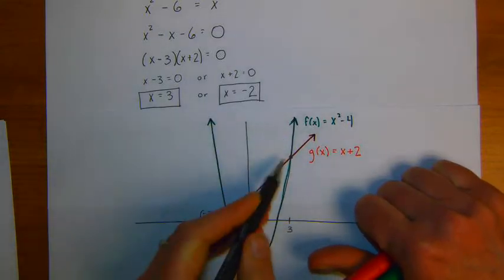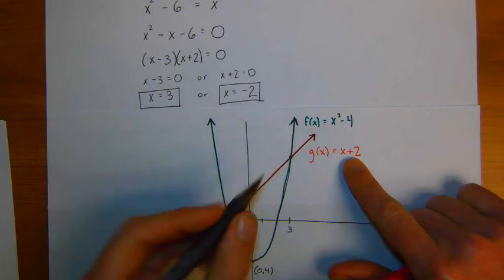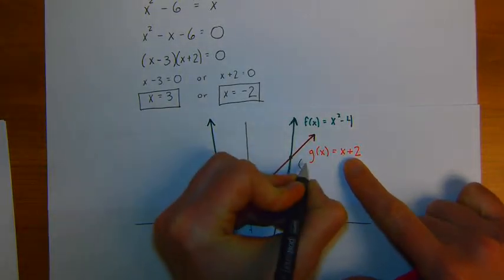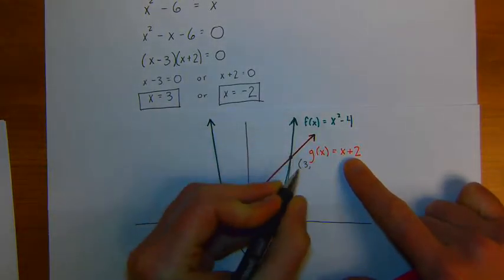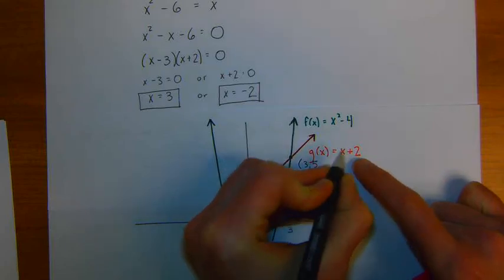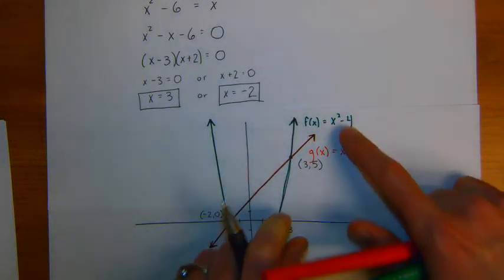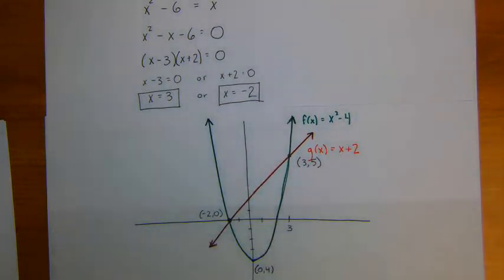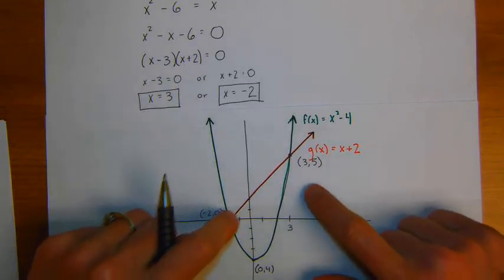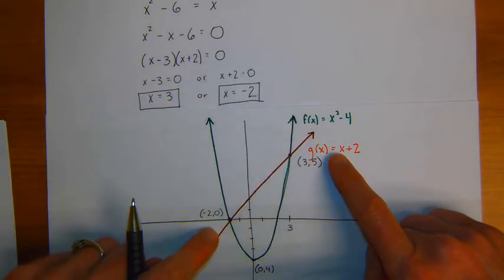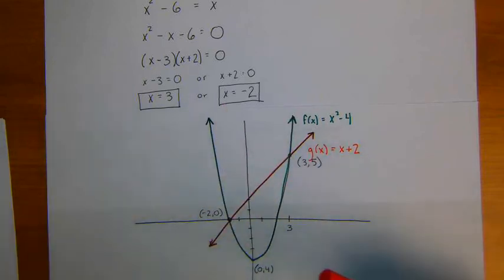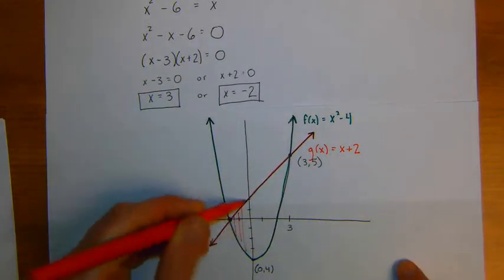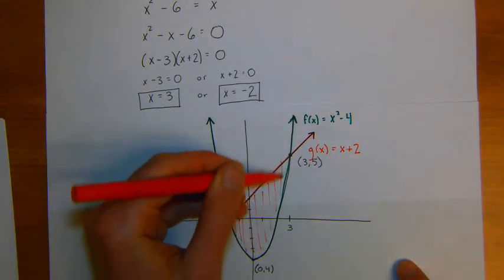Again, I don't actually need to find the y-coordinate, although it's not hard to plug in my head and see that the y-coordinate is 3 plus 2, which is 5, or 3 squared minus 4, which is also 5. So now that we know that our linear function is on the top and our quadratic function is on the bottom, we can find the area enclosed by these two curves.